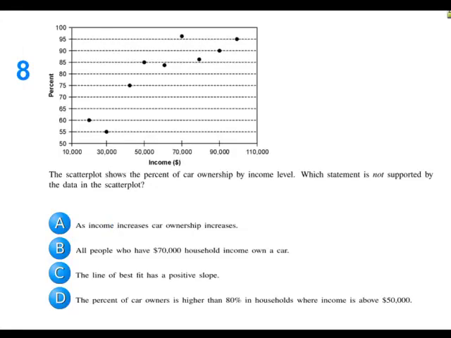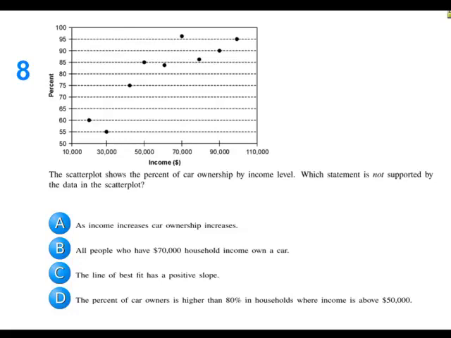Okay, number 8. So we're given a scatter plot, and on that scatter plot we're comparing income and percent. But what does that mean? The scatter plot shows the percent of car ownership by income. Which statement is not supported by the data? So here's how much money people make, and here's the percent that have cars. So obviously, if we were to look at this correlation, what would it be?